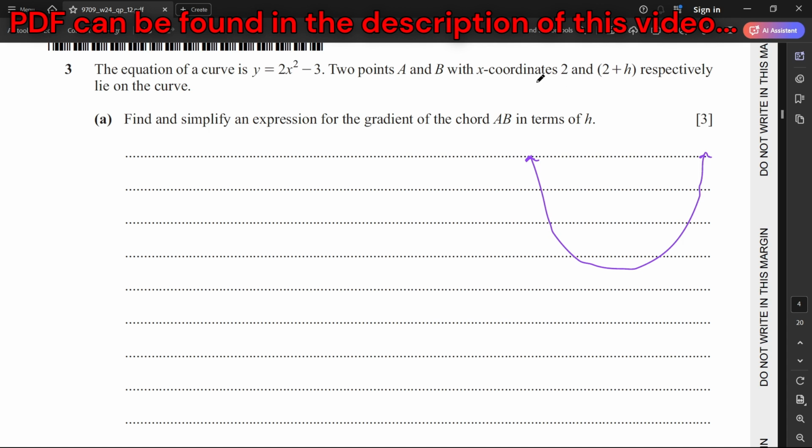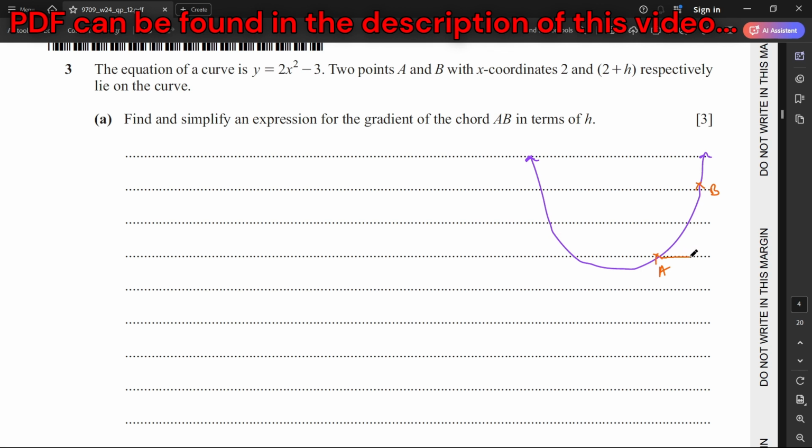Now let's say the x coordinate for A is 2 and the x coordinate for B is 2 plus h. So if h is positive, my B point will be towards the right of A, or else if h is negative, then my B point will be towards the left of A. So let's go ahead and say, for example, I'm going to mark my A point over here and my B point somewhere over here.